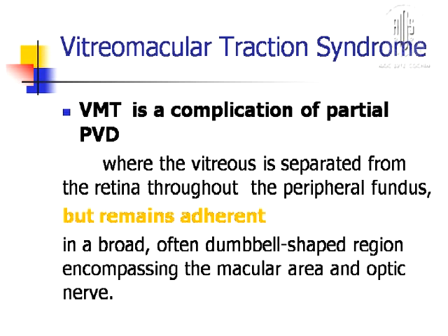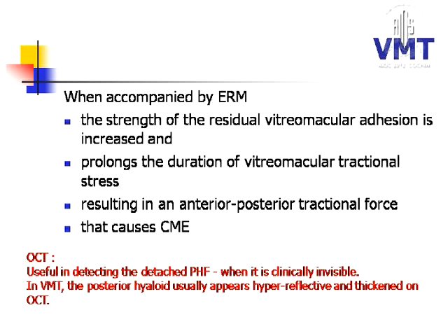And vitreomacular traction syndrome is a complication, as I said, of partial PVD, where vitreous is separated from the retina throughout the peripheral fundus, but remains adherent at the posterior pole around the macular area and the optic nerve. This often is a broad dumbbell-shaped region.